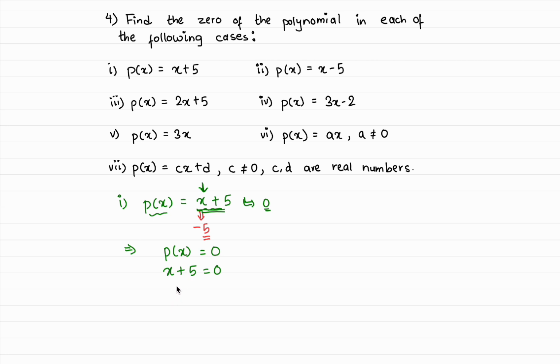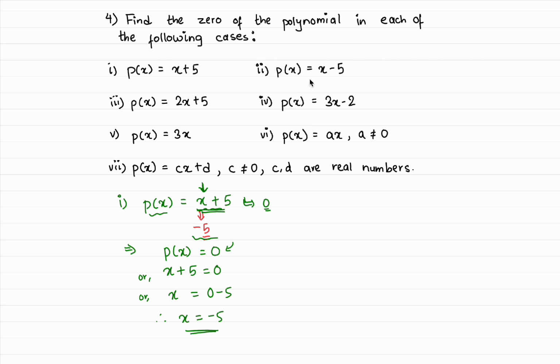Now for what value of x is x plus 5 zero? You move this plus 5 to the other side and you get x equals 0 minus 5, which equals negative 5. And so the value of x that gives the end result 0 is negative 5. We can intuitively think about it directly as well, but this is the process, so that when there are complicated questions, you can use the process to find the zero of a polynomial.